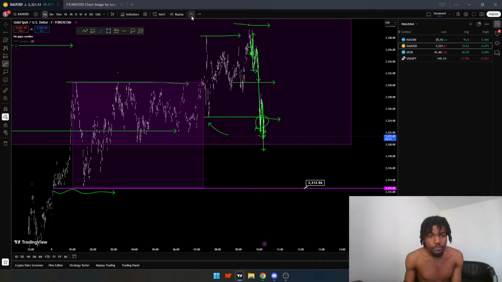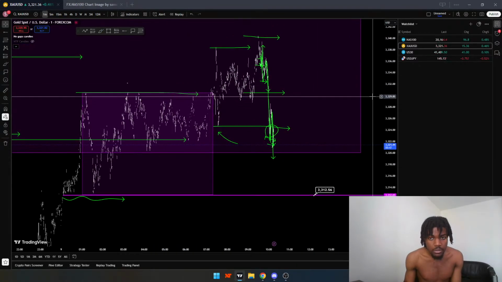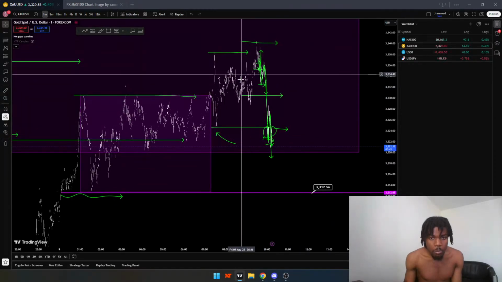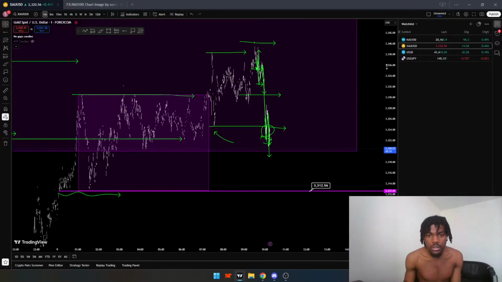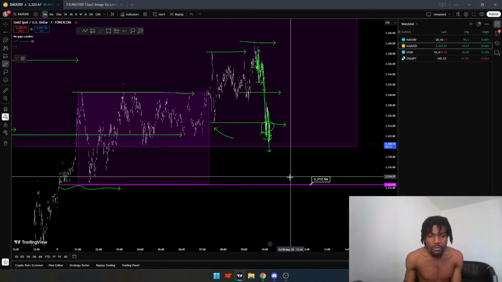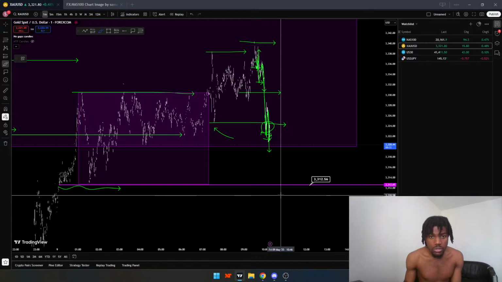Actually, it's no secret that the market moves like this. I'll say that. It's no secret that we buy low and we sell high. It's no secret. But what stops most of us is our inability to wait for the market to get to these levels.